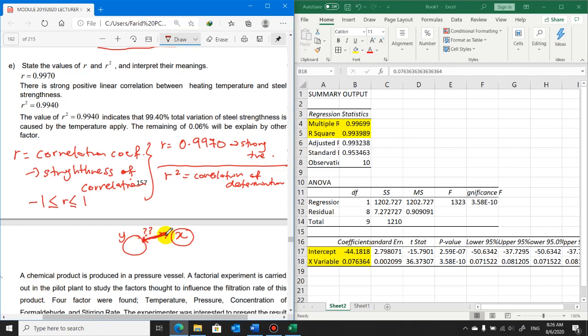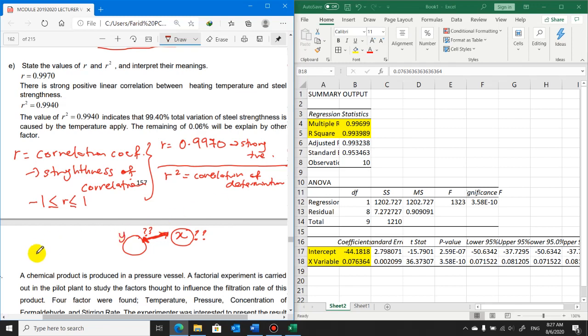Sebab X, okay, Y depend on X. Saya nak tahu berapa banyak X ni mempengaruhi Y. Okay, so sebagai contoh dia, let's say saya nak check sama je soalan, the strength of the steel.